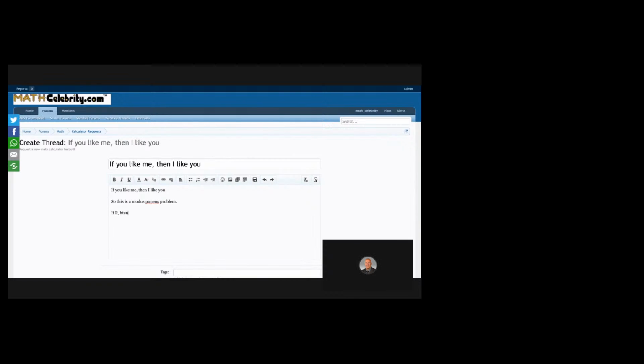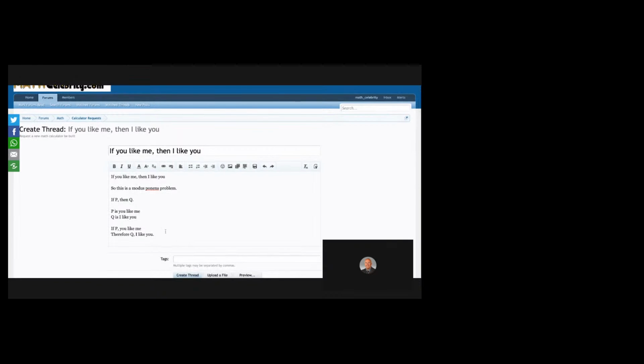If P, then Q. P is you like me, Q is I like you. So if P, you like me, therefore Q, I like you. So what they're just asking to affirm is if you like me, then I like you. So P, then Q. P affirms Q.